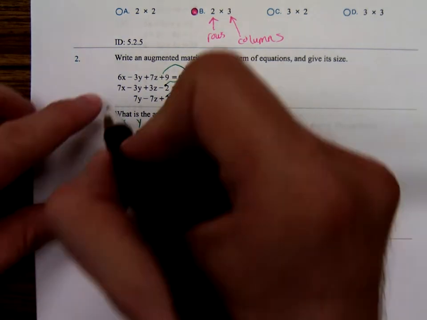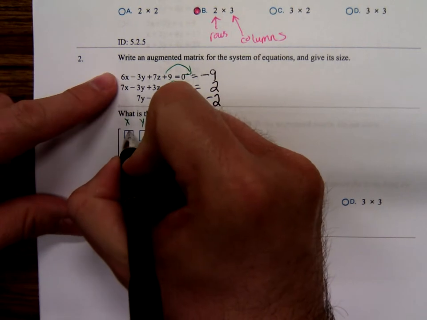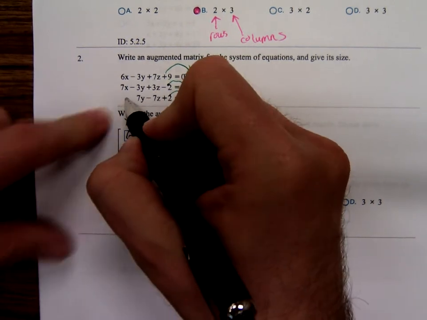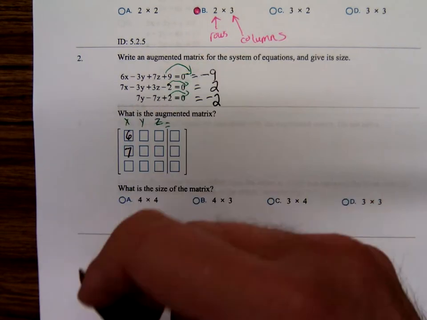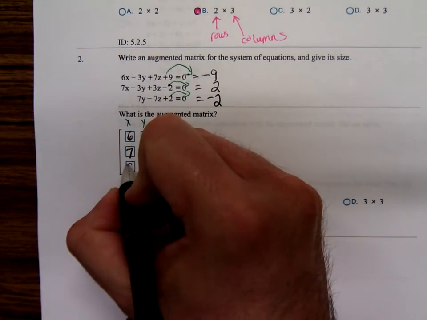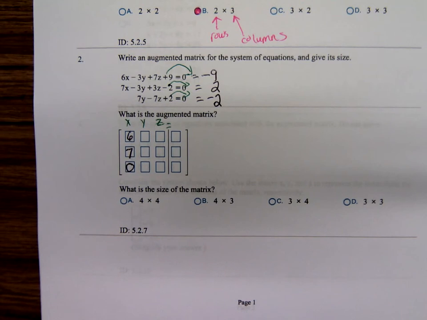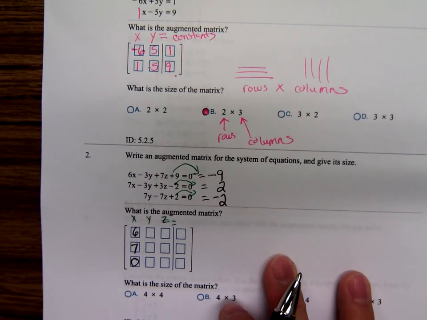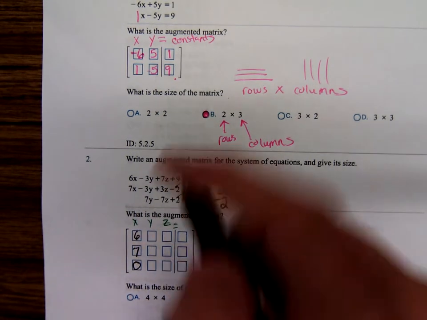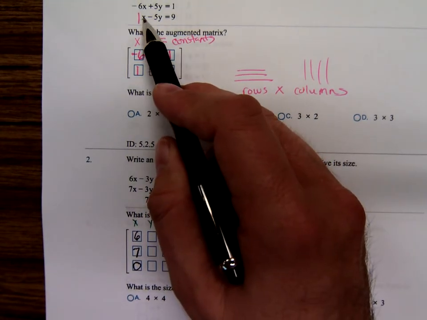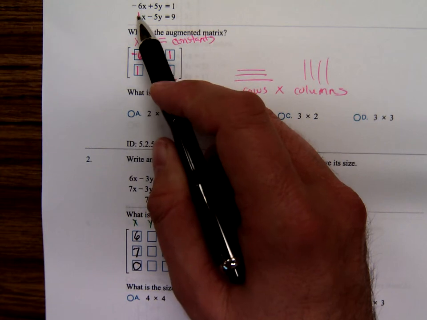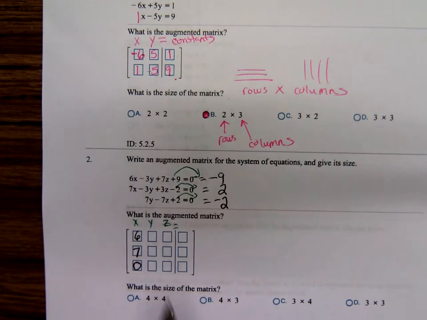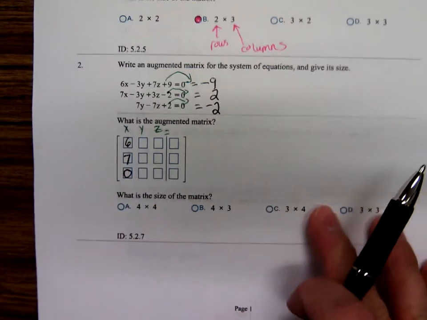So let's see. For the x column, there'd be a 6, a 7. There's not an x at all, so what are we going to put there? A 0. Sometimes students will want to put a 1 there, but remember, you put a 1 if there's, like here, an x. There just wasn't a number in front, so we assume that's 1x. Here on number 2, there wasn't an x at all.